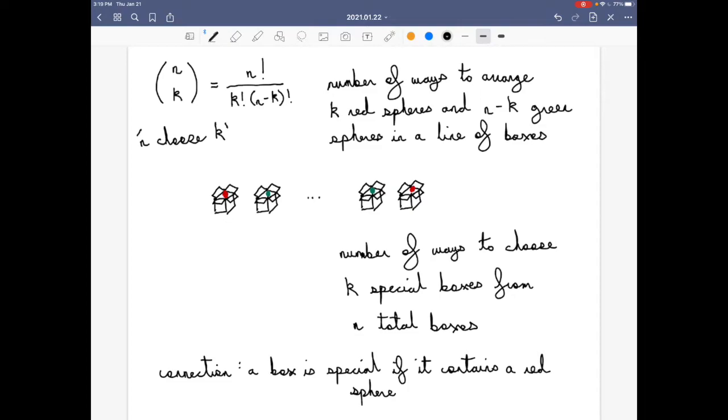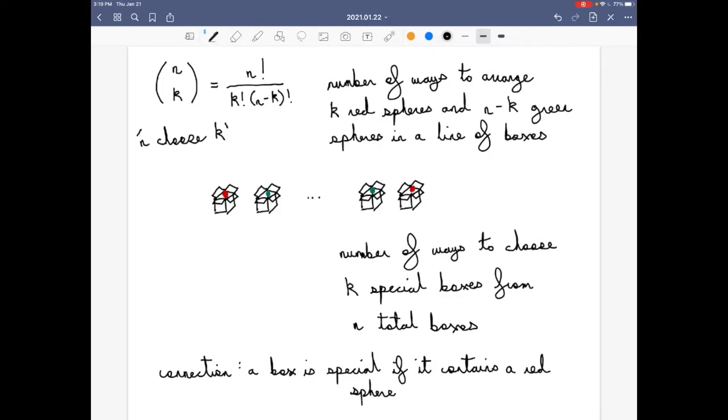And so there's an interpretation which is obvious if you just shift your perspective a little bit, which is that the number of ways to arrange k red spheres and n minus k green spheres in a line of boxes is exactly the same thing as the number of ways to choose k special boxes from the total of n. And the connection is you just say a box is special if it contains a red sphere.